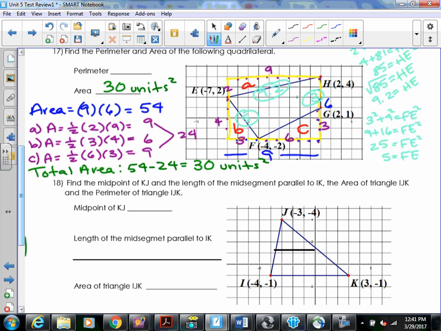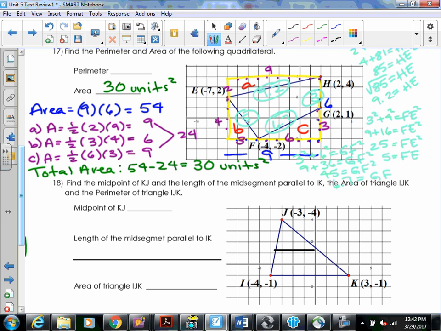So 3 squared plus 6 squared equals GF squared. 9 plus 36 is GF squared, that's 45. Okay, can you take the square root of 45 for me? 6.7, thank you. Okay, so GF is 6.7.